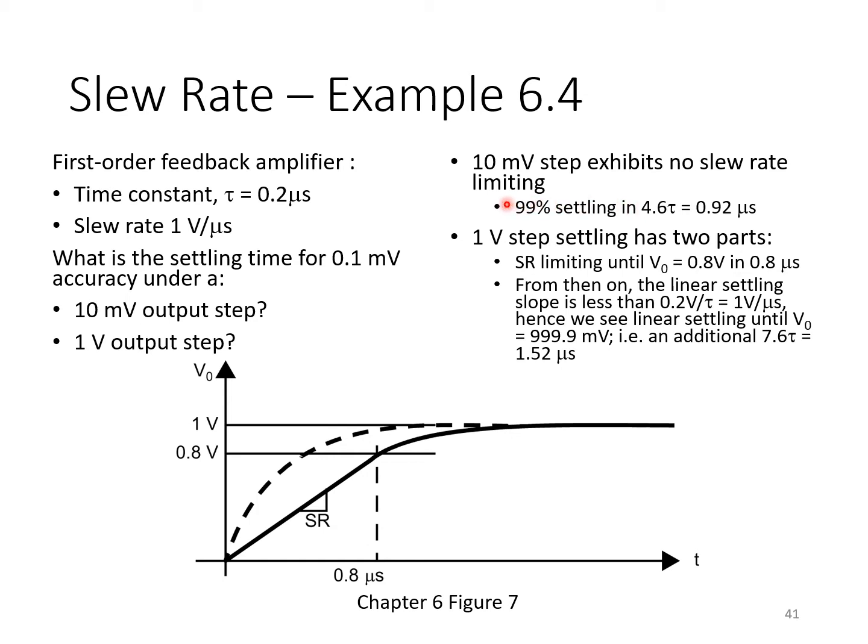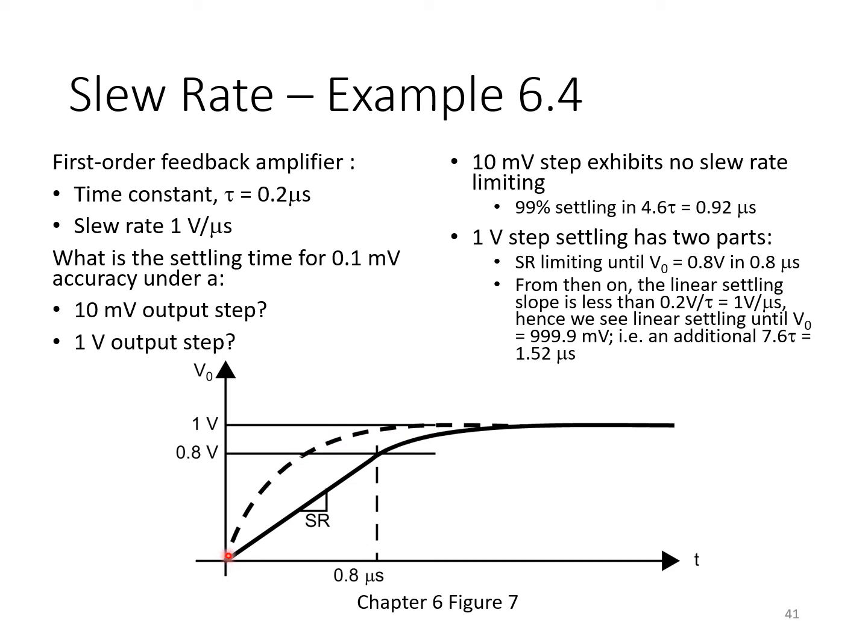On the other hand, if you consider what happens when a 1 volt output step is demanded of the op-amp, then we would see slew rate limiting arise because the first part of exponential settling with a 1 volt step would be faster than the op-amp slew rate.